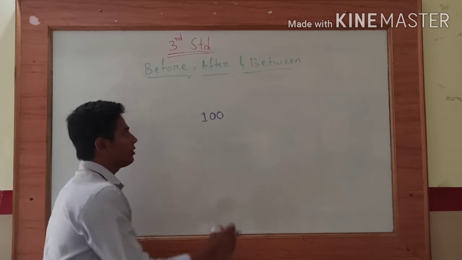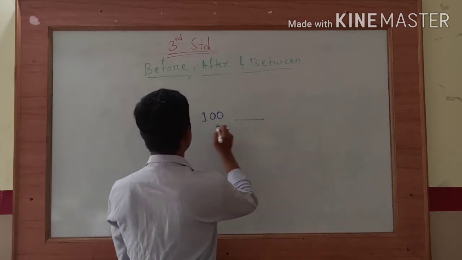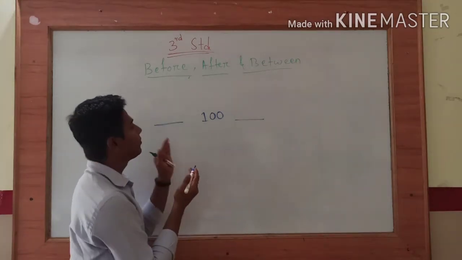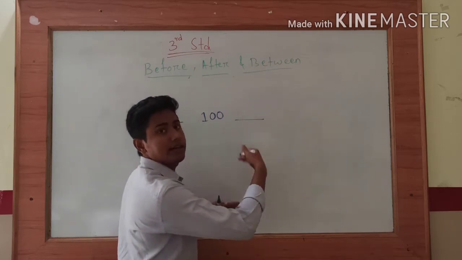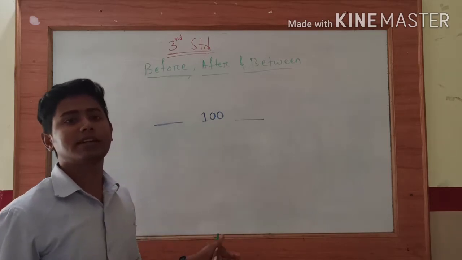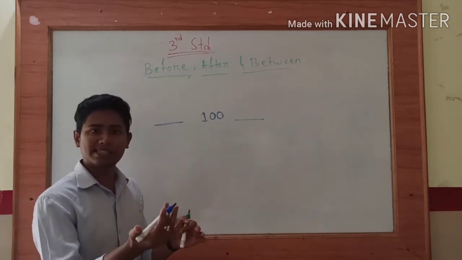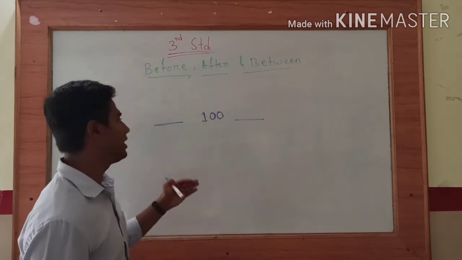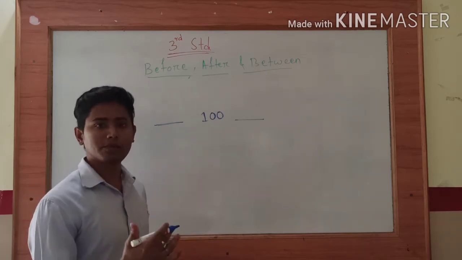Two things we can count. Here back side, predecessor, front side next number, that is successor. Don't confuse predecessor and successor. Pre means back, successor means next.